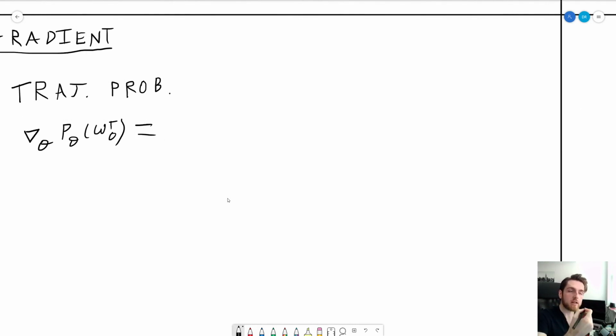But we can then introduce a ratio of these probabilities in order to rewrite this as still having the overall trajectory probability at the front.